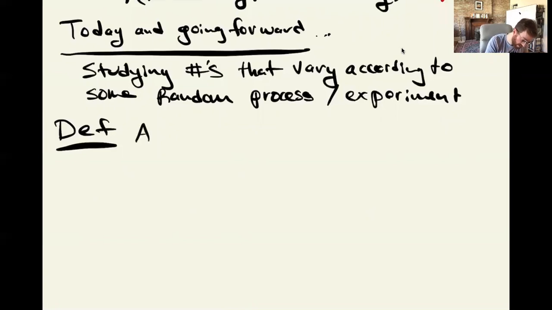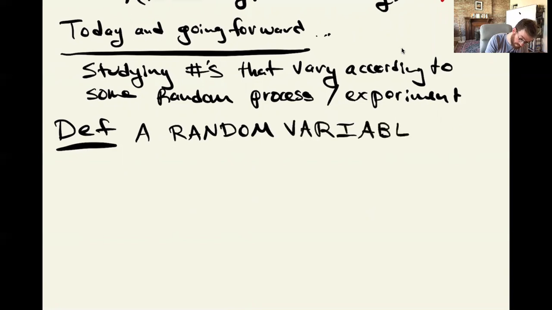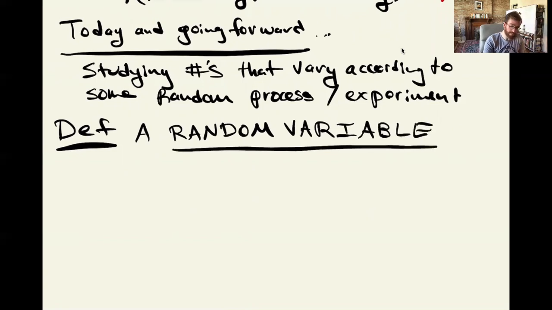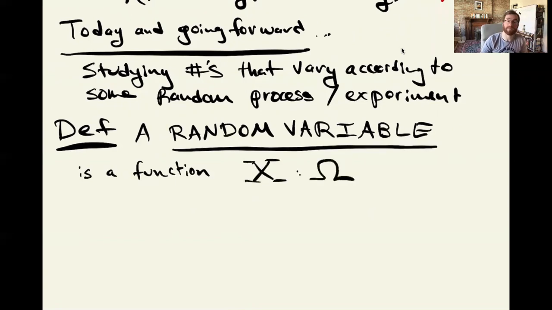So a random variable is a function X from our sample space omega to the real numbers.